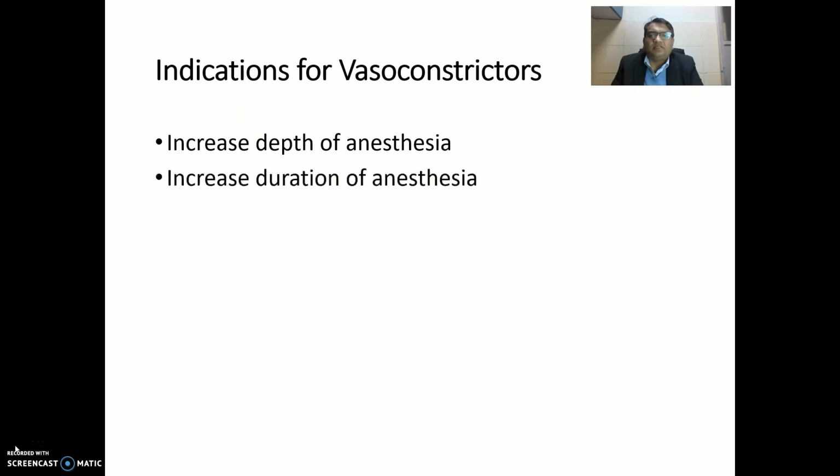We are going to increase the duration of anesthesia, and we are going to reduce the systemic toxicity associated with the local anesthesia. And then finally, during surgery, hemostasis can be improved by addition of epinephrine, and to produce this action we have to wait for at least 7 minutes.